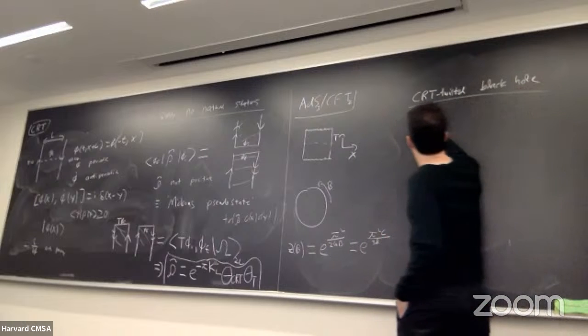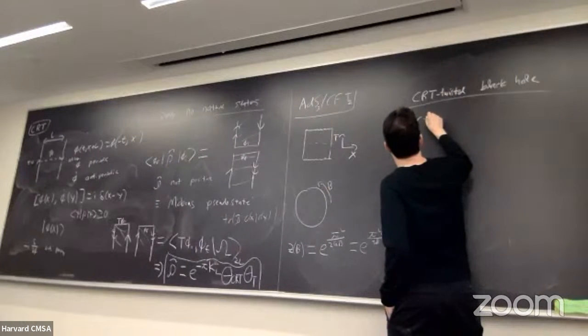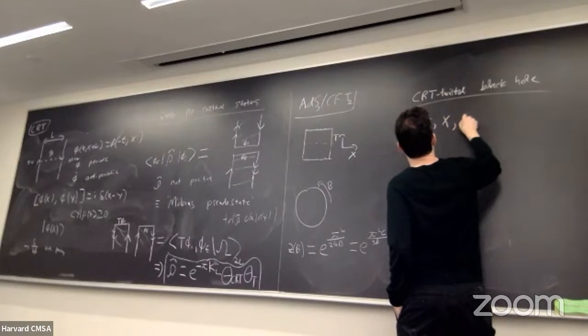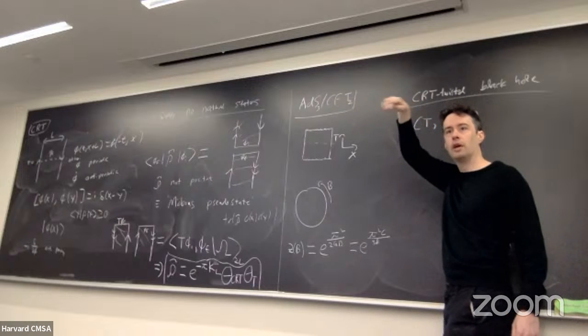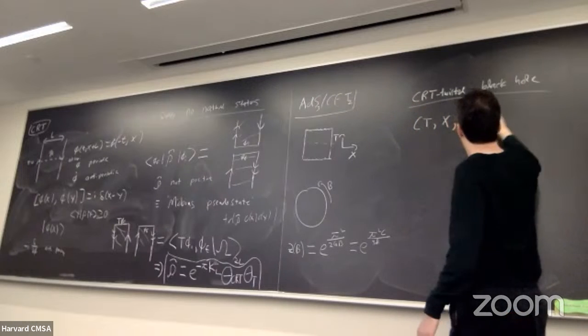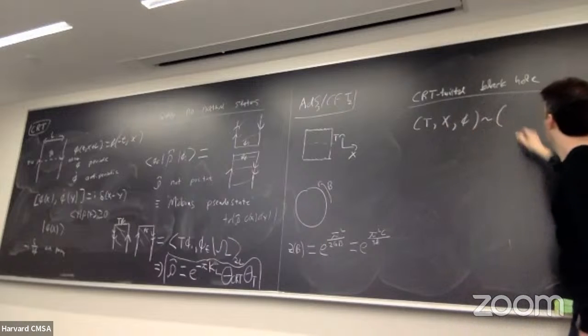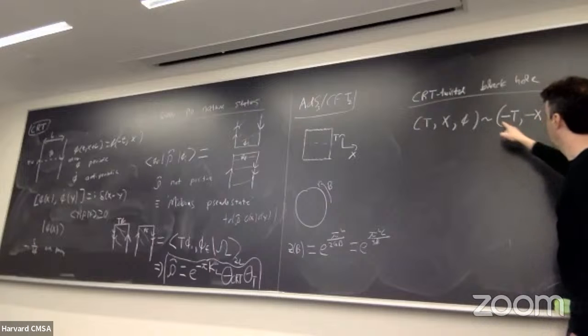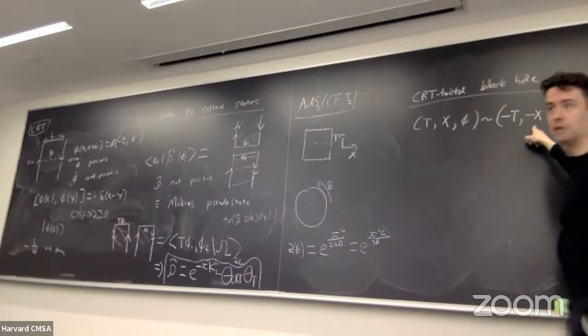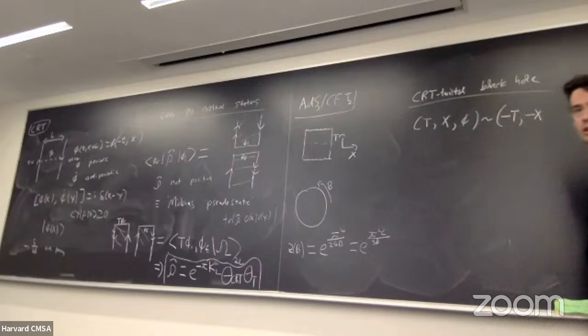So let me say what the quotient is. I take t, x, and phi, where phi is the angle around the circle that's living on top of everything, and I identify this with minus t and minus x. So that's a CRT transformation, hence CRT twisted.